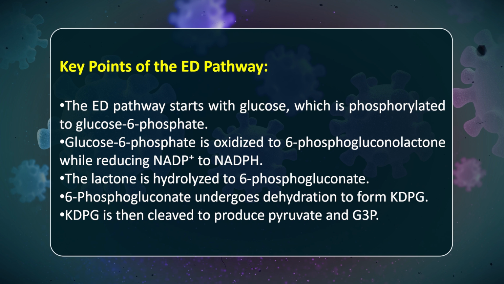Glucose 6-phosphate is oxidized to 6-phosphogluconolactone while reducing NADP+ to NADPH. The lactone is hydrolyzed to 6-phosphogluconate. 6-phosphogluconate undergoes dehydration to form KDPG. KDPG is then cleaved to produce pyruvate and glyceraldehyde 3-phosphate. So, ultimately glyceraldehyde 3-phosphate is the end material.